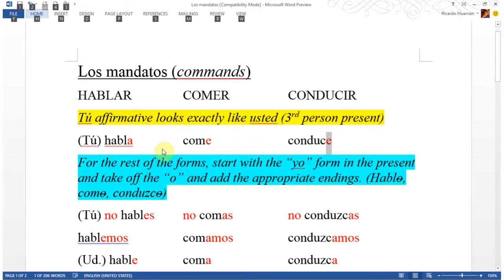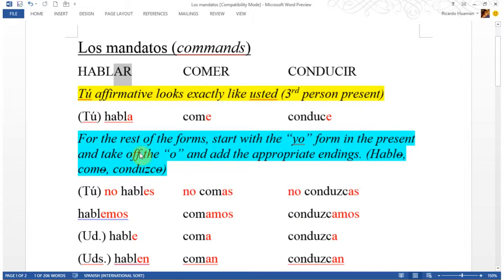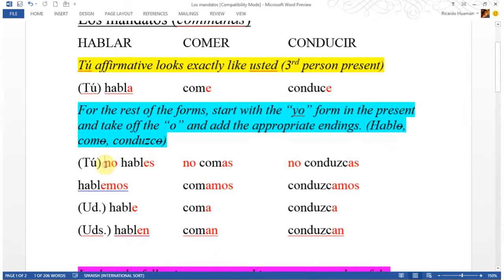So back to this one. We have two affirmative commands, and the endings for AR verbs, ER verbs, IR verbs are A, E, E. Memorize them in that order. Now for the two negative commands, notice that there's a no. We're going to do something different.